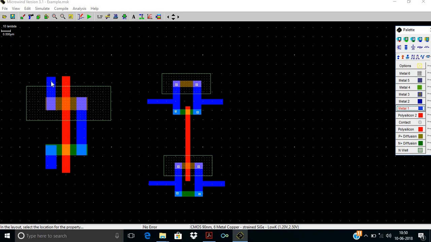Toward the supply. Then contacts, upper side P contact. Now we have to make these gate connections.